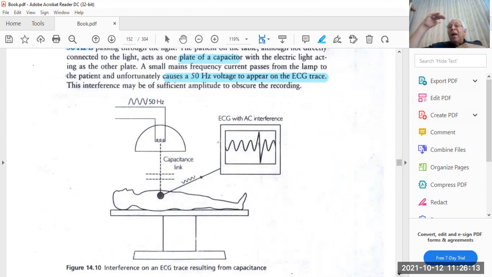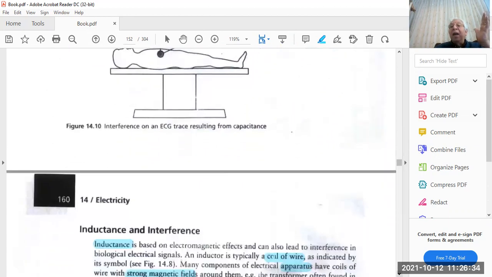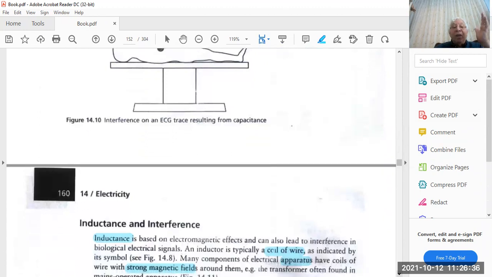So whenever the current frequency from the bulb is 50 hertz, this 50 hertz will create a current. This current will interfere with the ECG, as we see from the screen. This is why we have interference. Nowadays, some monitors can cope with this interference.